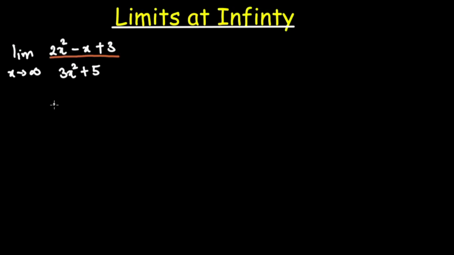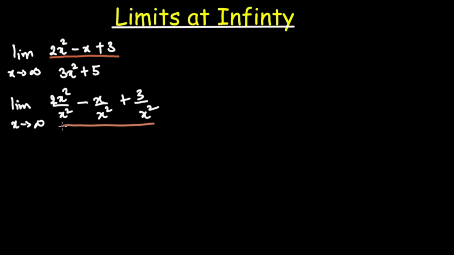So I'm going to say the limit as x tends to infinity, and this will be 2x squared over x squared minus x over x squared plus 3 over x squared, all over 3x squared over x squared plus 5 over x squared.